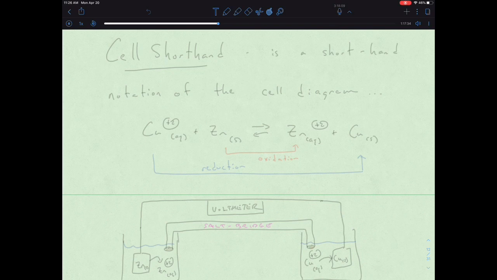Now there's another way to represent cell diagrams, which is known as cell shorthand.